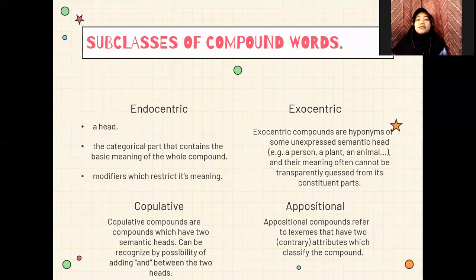Thus, a white-collar person is neither white nor a collar; the color is a metaphor for socioeconomic status. Other examples include firefly and open-minded. And number 3 is copulative. Copulative compounds are compounds which have two semantic heads and can be recognized by the possibility of adding "and" between the two heads, for example bittersweet and sleepwalk.